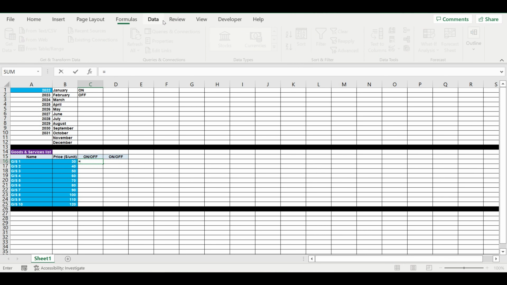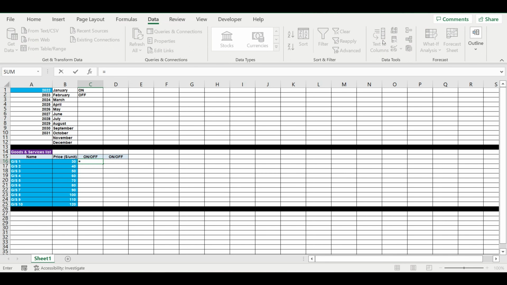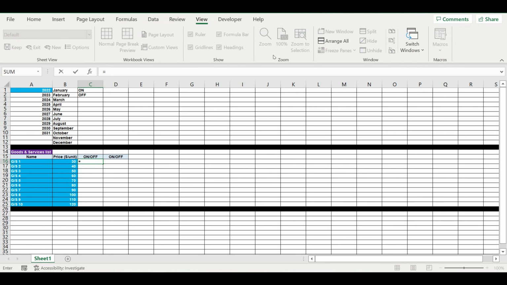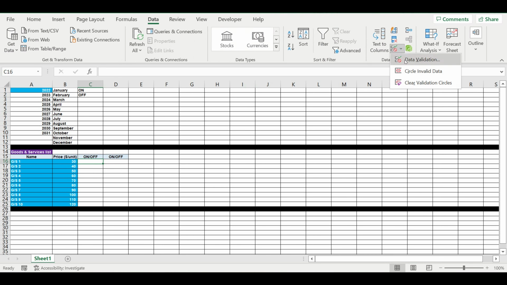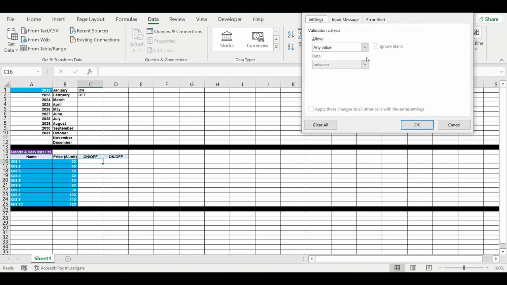We will use for that purpose data validation, a list.